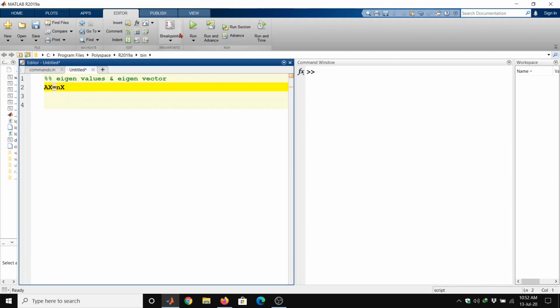We can comment it. By commenting this equation, it means it will not run.